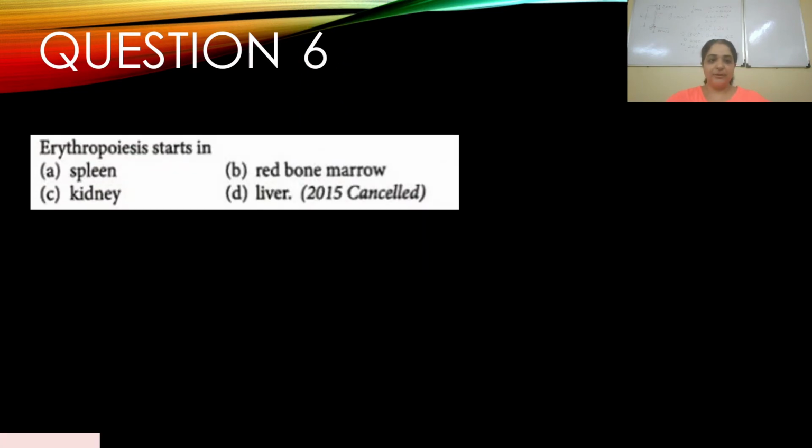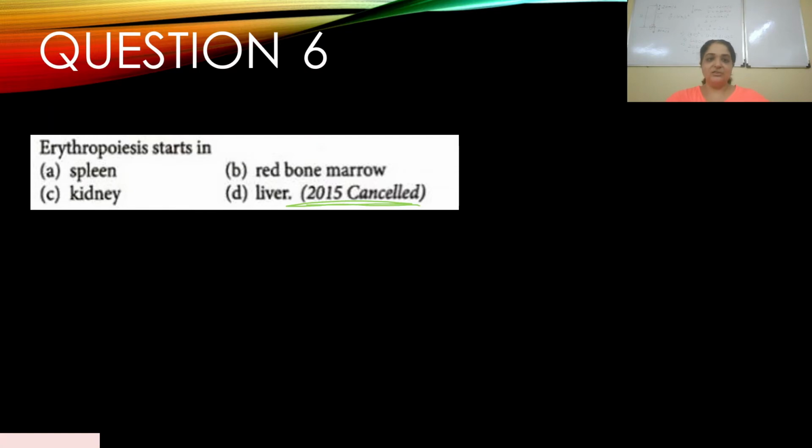All right, question number 6. Erythropoiesis starts in, this appeared in 2015, but it's a cancelled paper. We'll look at the options A, B, C, and D. Again, pause the video, think about what you think is the right answer, and then come back.